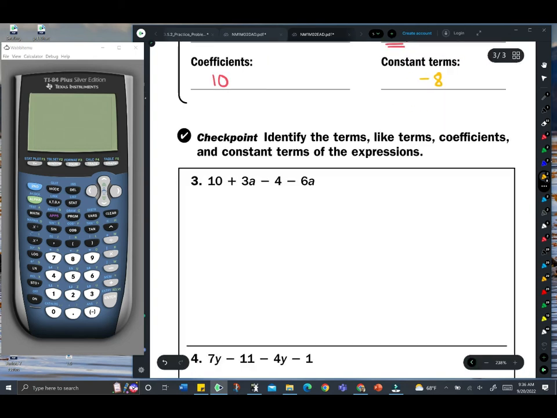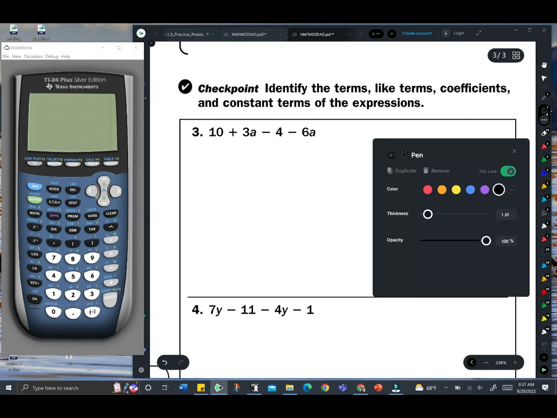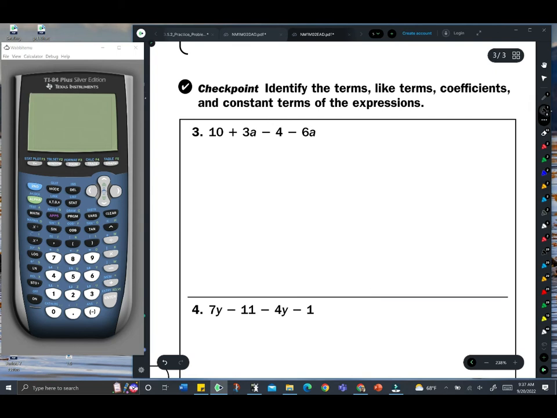Let me go through another example here, and I'll label it kind of how you should think about it. So first, when you come to a problem, our goal is going to be identify the terms, the coefficients, and the constants. Before we do any of that, we're going to simplify.